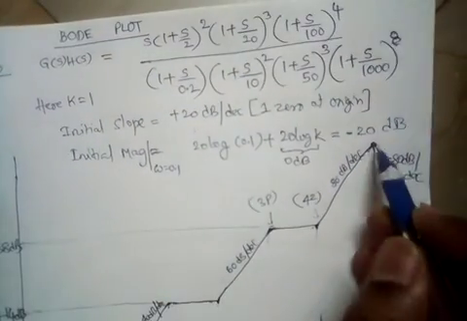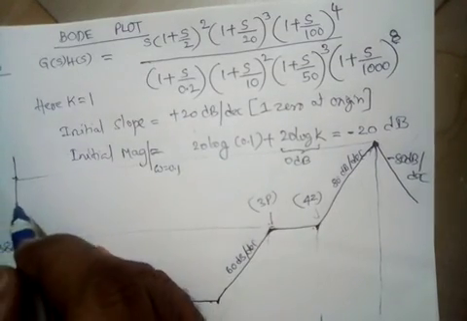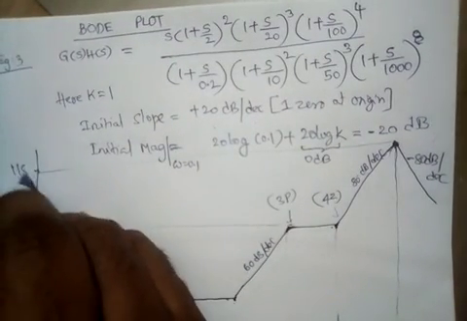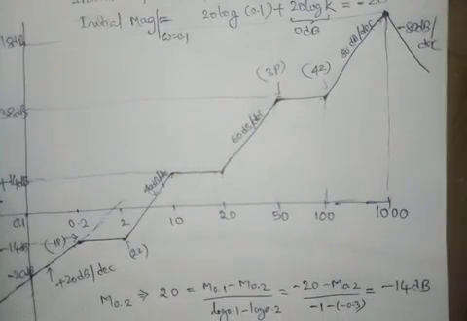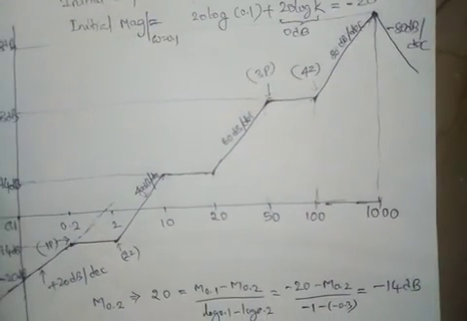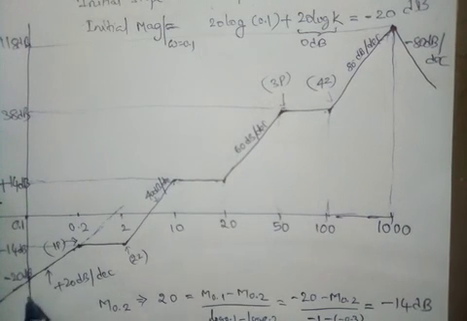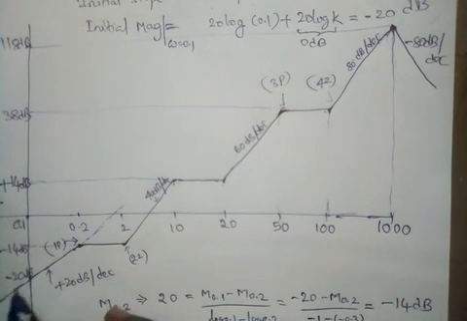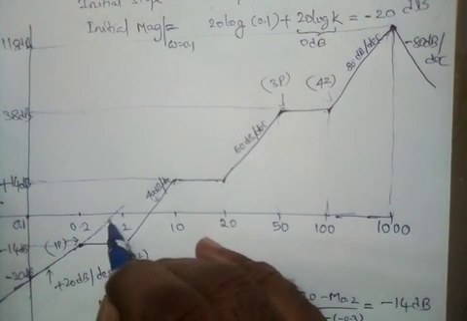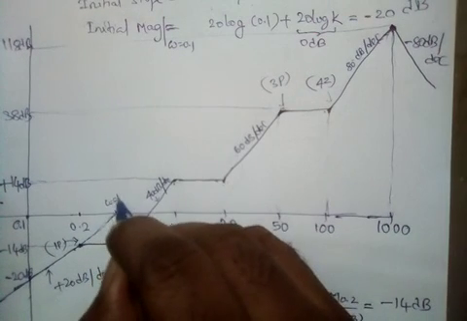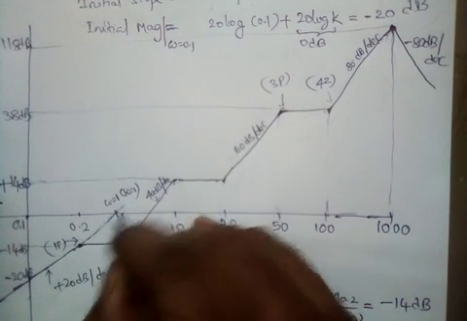So here at omega is equal to 1000, the magnitude becomes 118 dB. So this is the Bode plot. When you extend the initial slope line, plus 20 dB per decade, it cuts the 0 dB line at omega is equal to 1 and at k is equal to 1. It is true always.